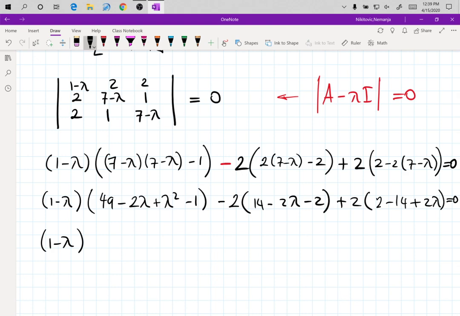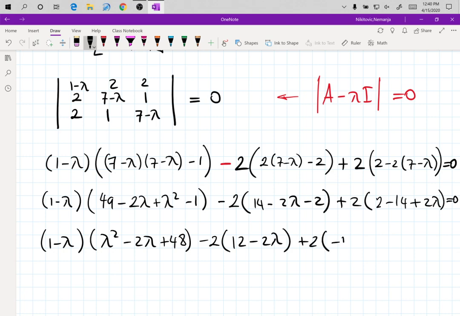1 minus lambda times lambda squared minus 2 lambda plus 48, minus 2 times 12 minus 2 lambda, plus 2 times negative 12 plus 2 lambda, so 2 lambda minus 12, equal to 0.